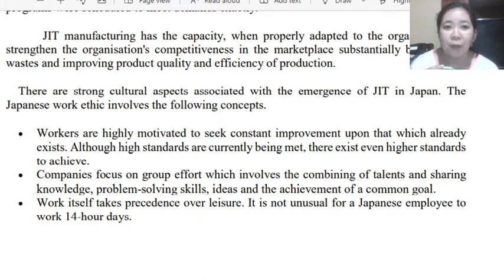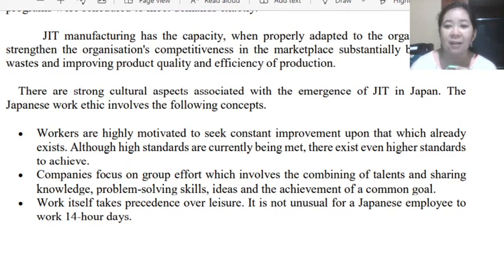Another work ethic of the Japanese is that companies focus on group effort. So this involves the combination of talents and sharing of their knowledge, problem-solving skills, ideas, and achievement of a common goal. Another is that work itself takes precedence over leisure. So it is not usual for a Japanese employee to work 14 hours a day.